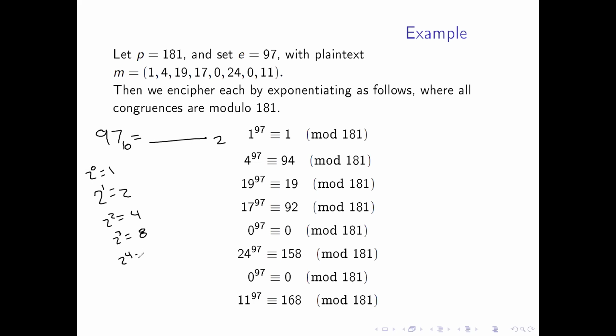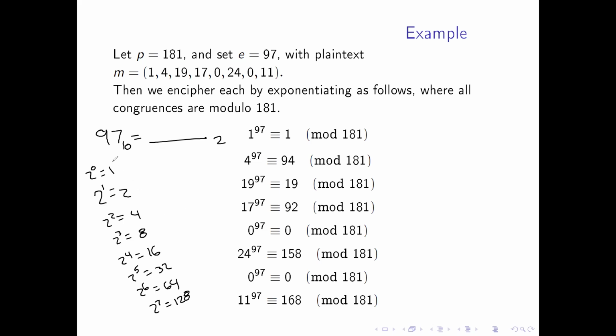I'm just breaking it down so you can see this. 2 to the fourth is equal to 16. 2 to the fifth is equal to 32. 2 to the sixth is equal to 64. And 2 to the seventh is equal to 128.